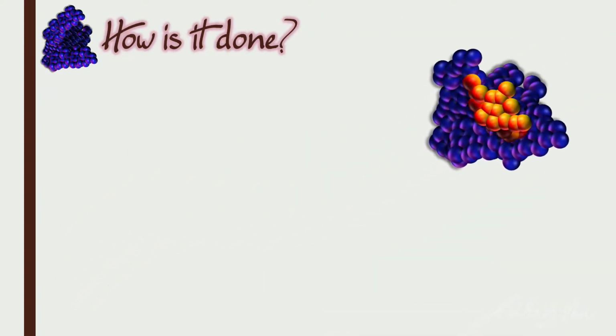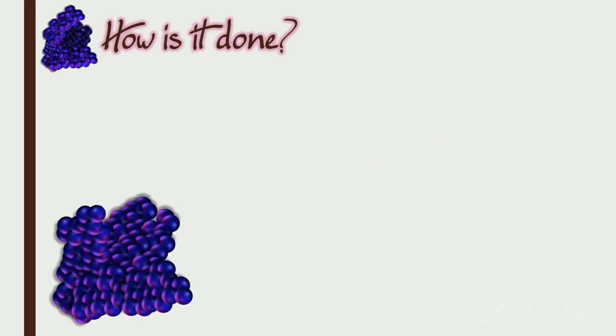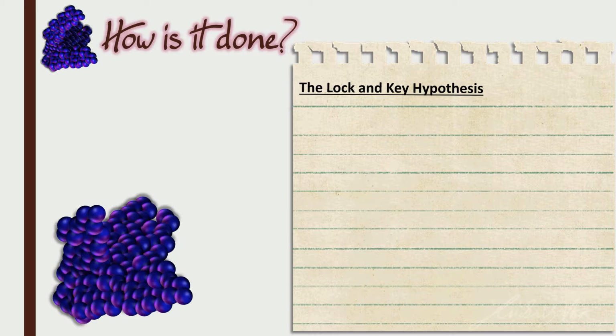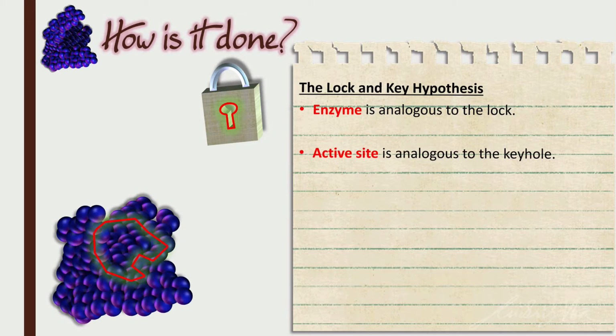So how does an enzyme go about doing its business? The hypothesis that you learn here is called the lock and key hypothesis. The enzyme is analogous to the lock, while the active site of the enzyme is the keyhole of a lock.